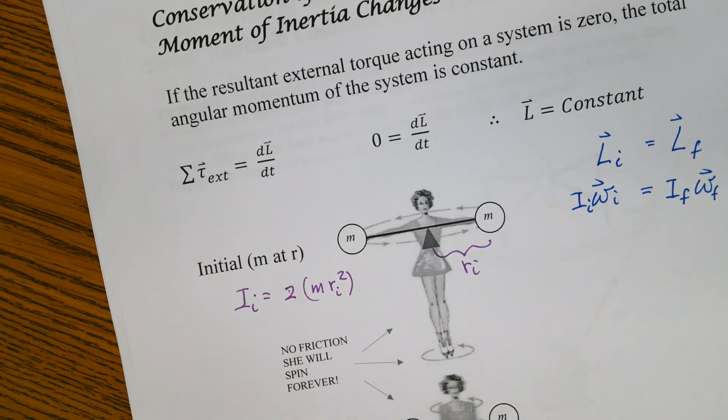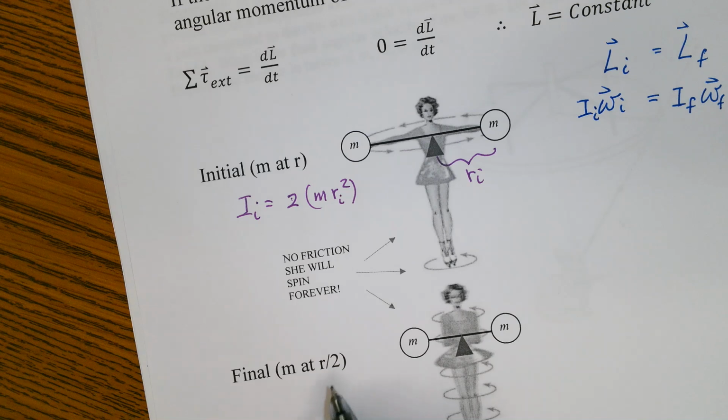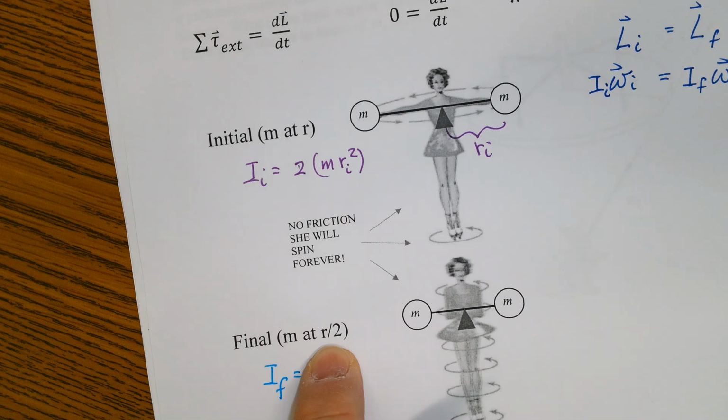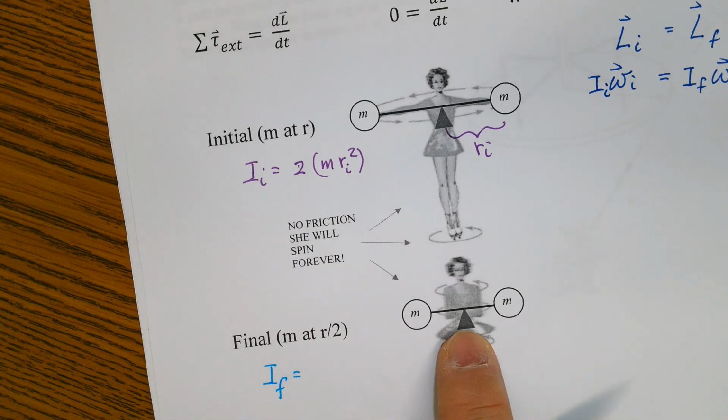Now, when the r is less, this is I final. Let's say you decrease the r by half, but you probably do a lot less than that. If you bring it in really close to your center of axis, you're almost approaching 0 for your r.